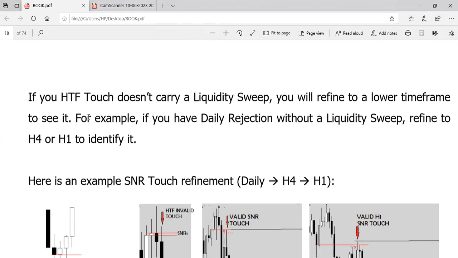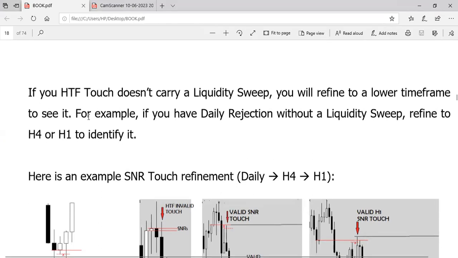What do you mean by that? You switch over to a lower time frame from a daily time frame or a weekly time frame. You switch over to 4 hours or 1 hour. It must carry liquidity in a lower time frame. It must sweep off liquidity.